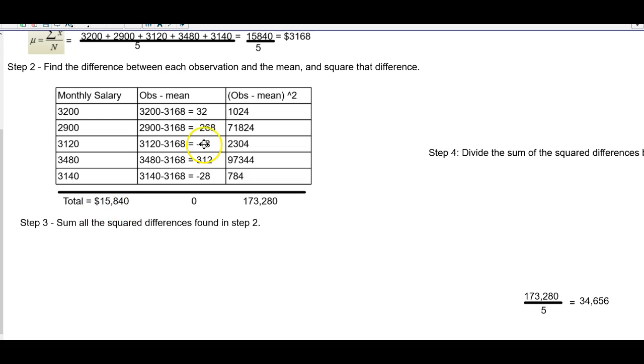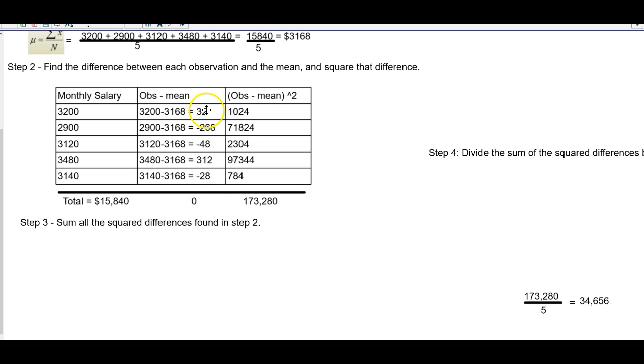Now in the middle here, the observation minus the mean: when you add up all of these, the sum of the differences between the observations and the mean needs to be 0. Now I will tell you, the first time I calculated this, I made a mistake.